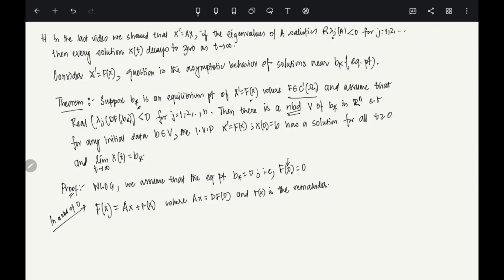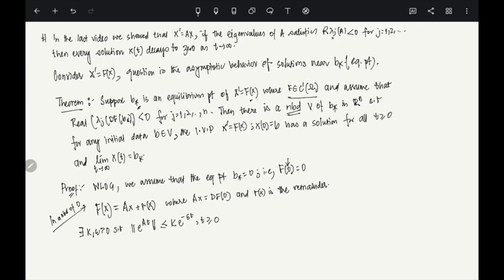Now, we know from what we talked about earlier that there exist a constant k and epsilon positive such that, for this a, e power at can be made less than or equal to a constant times e power minus epsilon t for t greater than or equal to 0.